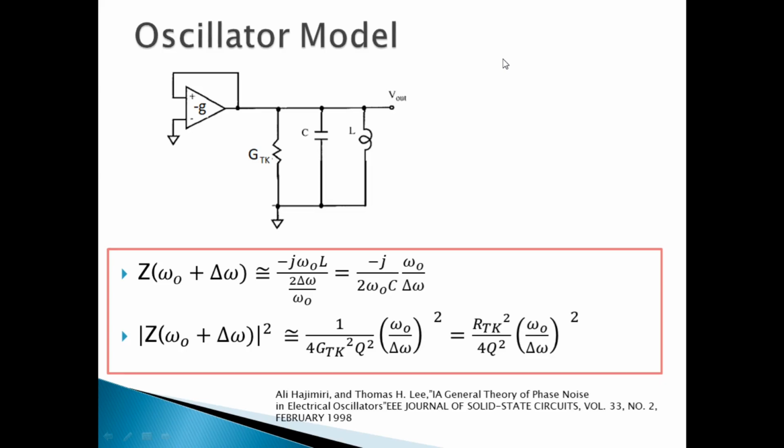There are noise sources. How will they propagate across the LC tank, and how does that add to the noise generated by the LC tank itself? So let us look at how much noise the LC tank itself contributes in the oscillator, followed by which we will look at the noise contribution of the active part.